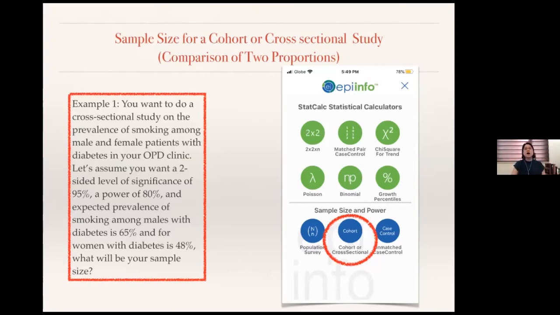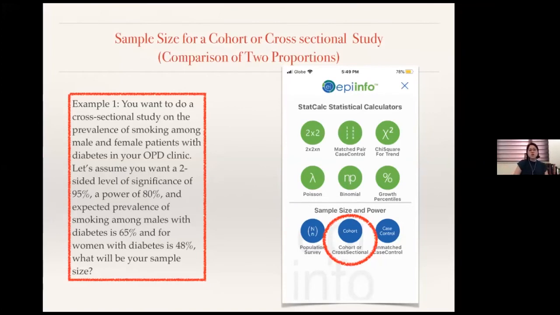No? And not assuming that, if it's one-sided, males will definitely be more smokers than females. It's a given. Then that would be one-sided. But if you don't know, who knows, the women are more extreme now and there are more smokers there, then that would be a two-sided level of significance.